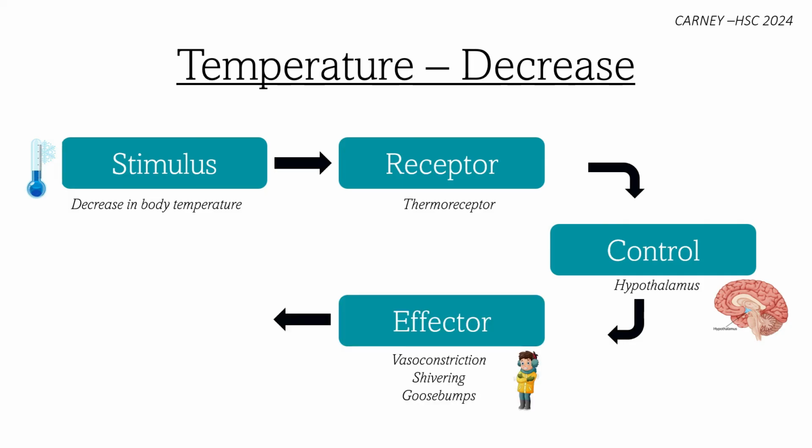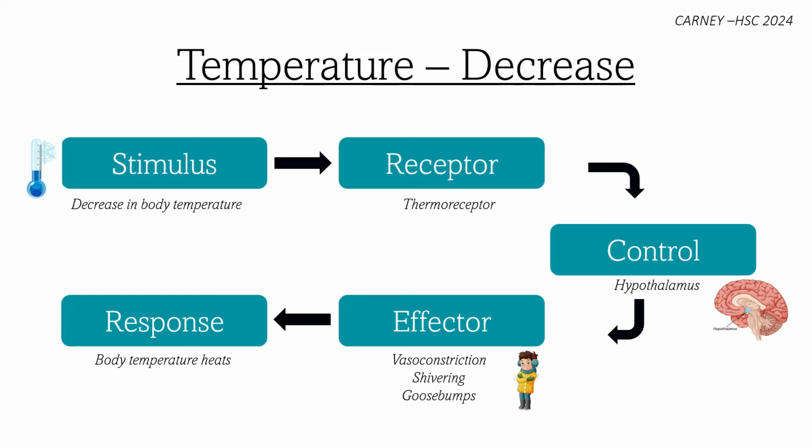Our blood vessels will constrict and move the blood flow away from the surface of the skin to the organs in an effort to keep our bodies warm. Often, when vasoconstriction is occurring, there's usually a change in the colour on the surface of your skin. Shivering will assist in generating heat in the body, thereby increasing blood flow and warmth in the body. As these effectors are taking place, our body temperature begins to increase back to homeostatic point.